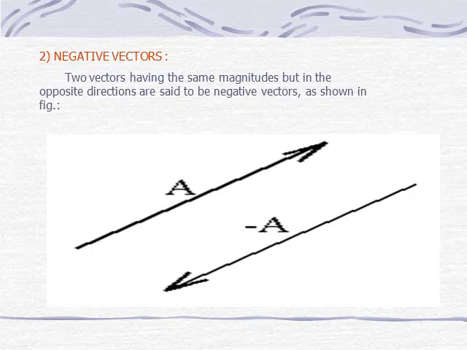Second one, negative vector. In this case, the two vectors will have the same magnitude, but they are in opposite directions. Say, if one is towards east, then the second one will be towards the west. Such types of vectors are the negative vectors.